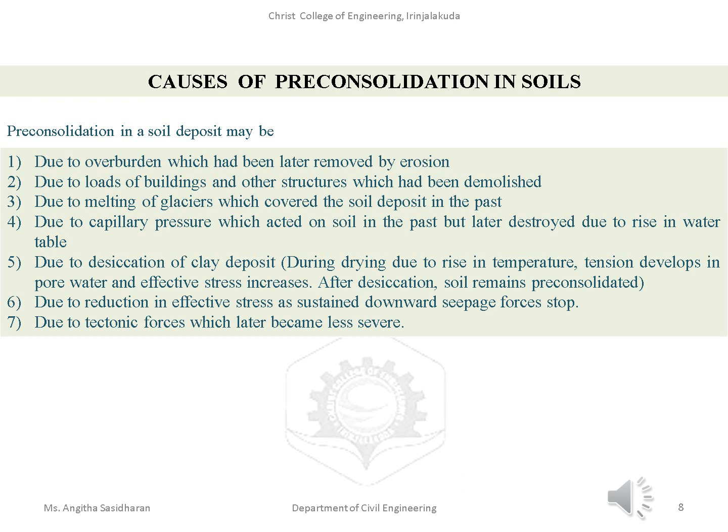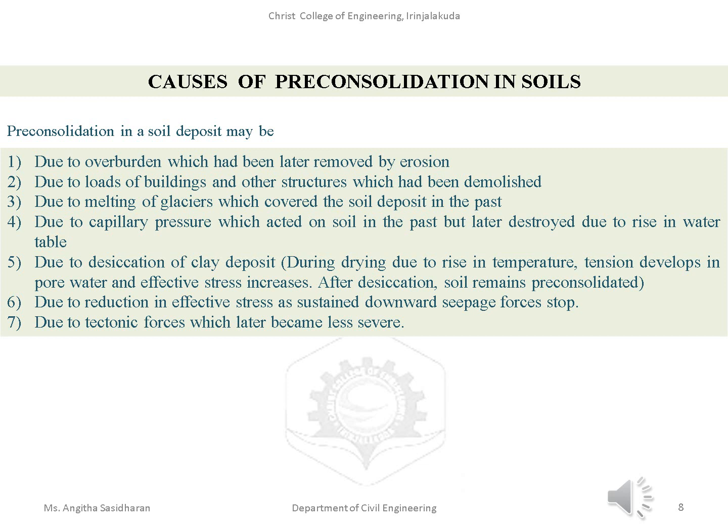Coming to the first point, due to overburden which had been later removed by erosion. Imagine a surface which is having some overburden, and suppose soil erosion happened and it was taken away by the erosion.